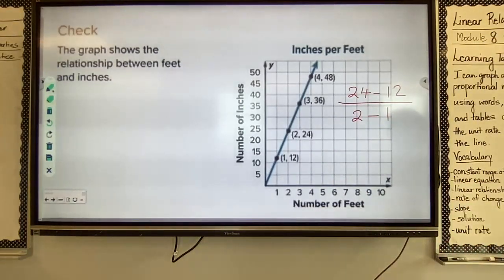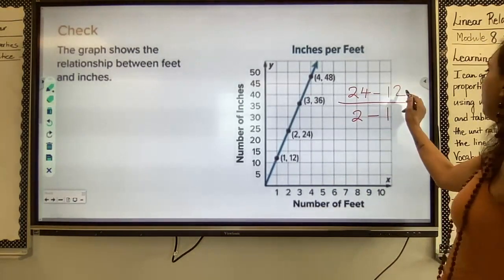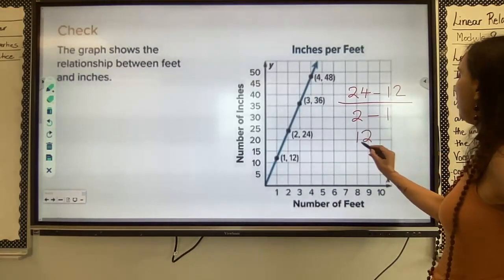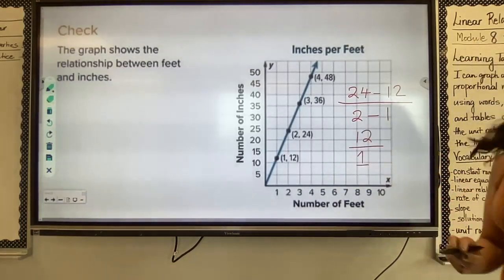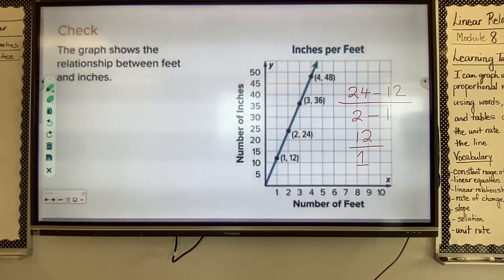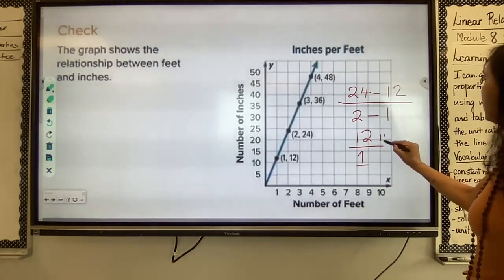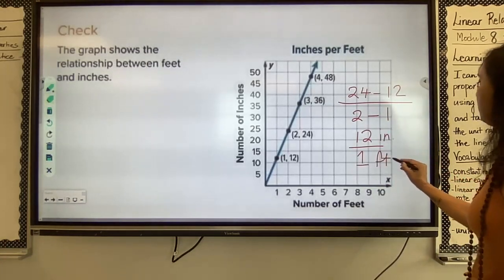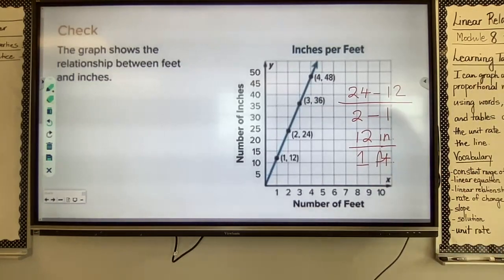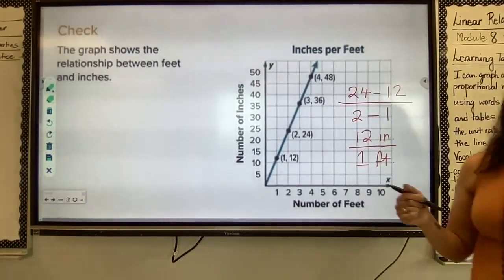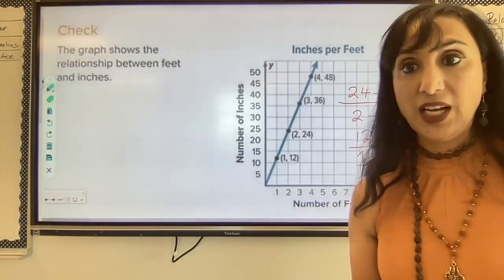And then 24 minus 12 is 12, over 1. So therefore, we have 12 inches in 1 foot, basically. All right, so this is the slope, and the unit rate is 12 inches per foot, which is the slope of the line.